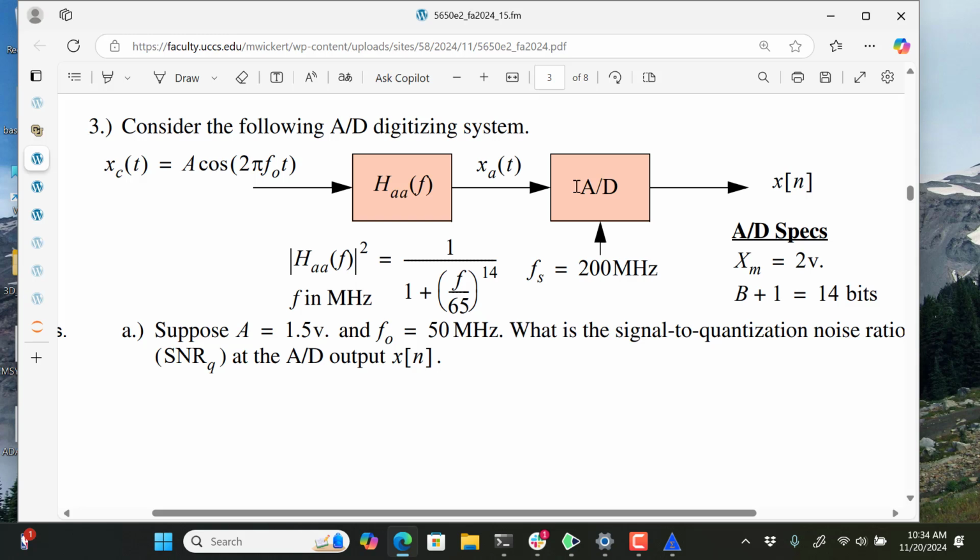So that's on the next page, but the model for the filter as a Butterworth is it's a 7th order Butterworth low pass filter. We're working at a clock rate of 200 megahertz, and we're going to have signals at 50 megahertz and 90 megahertz, and you're going to be studying the signal to quantization noise ratio coming out of this.